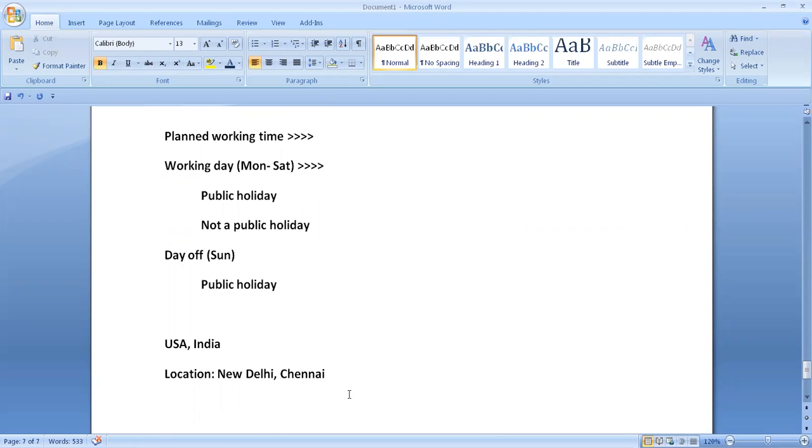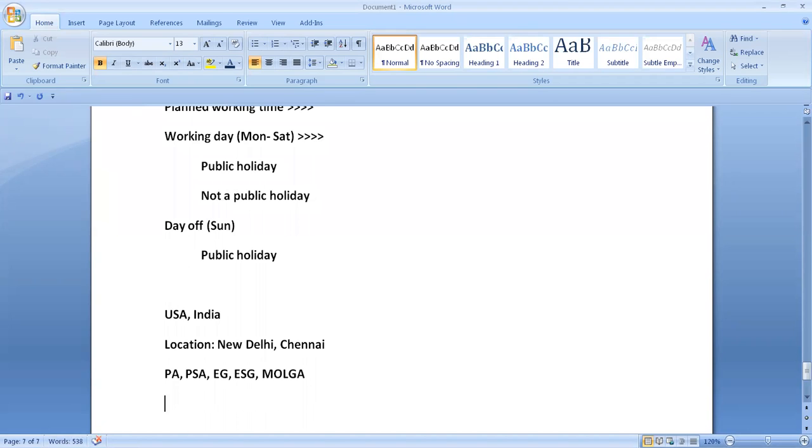So in this case, in the SAP system, how do we specify? You can specify based on personal area or personal subarea or employee group or employee subgroup or Molga country wise, like that you are maintaining. Because the SAP time management system is not country specific.